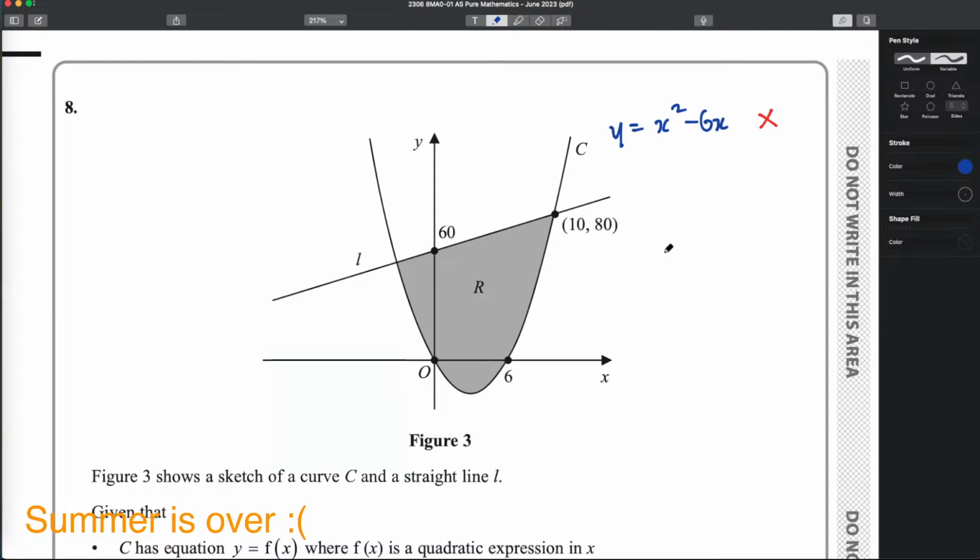Yeah, the roots are not enough, of course, because you could have multiple quadratics going through the same roots.